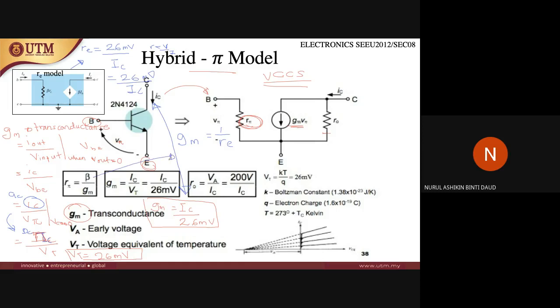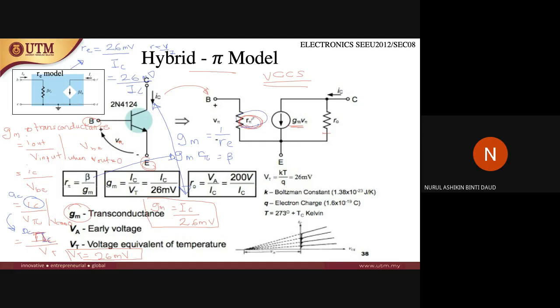Sorry, r pi is equal to beta re. How r pi is equal to beta over gm is because we are comparing these two models.